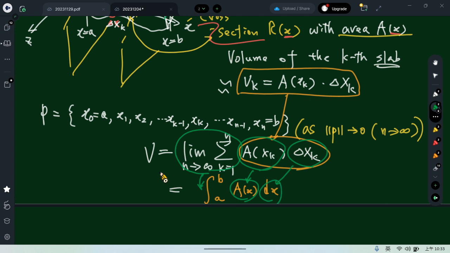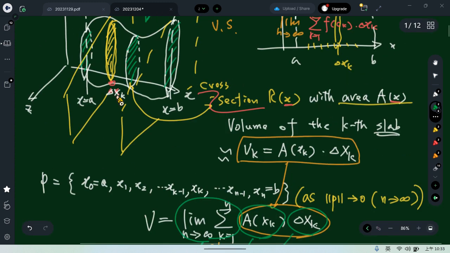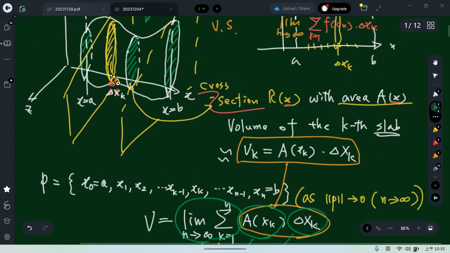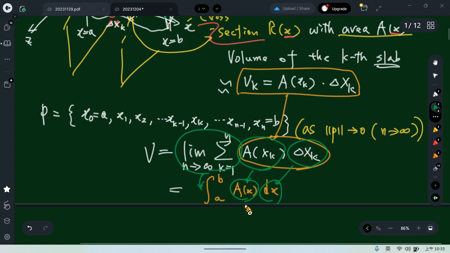So the problem for us is how to formulate A of x. The problem normally is this: how can we formulate A of x? Just like I said earlier, for each part, A of x is different. So we must follow some rule to formulate A of x.